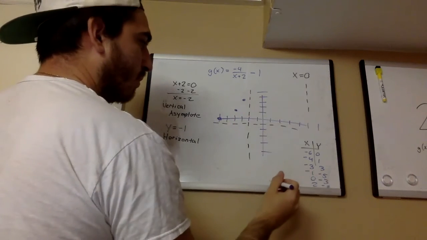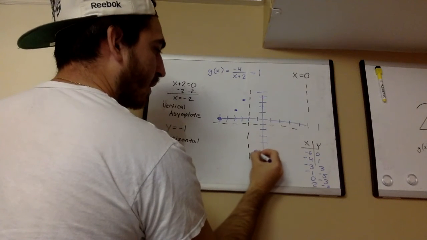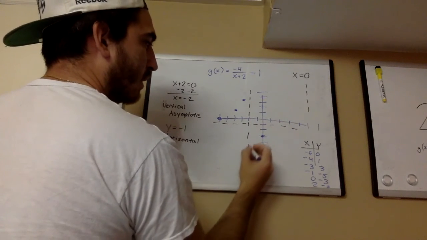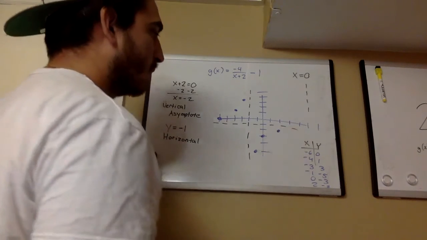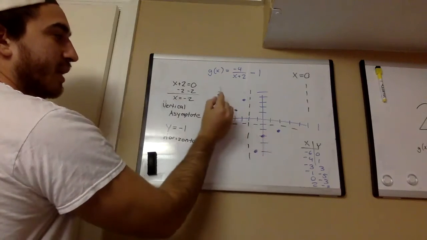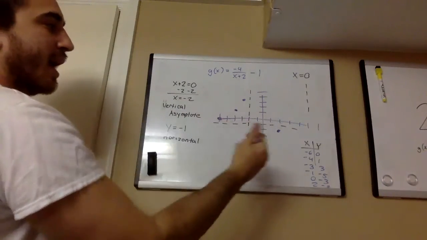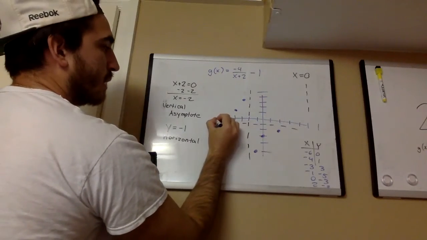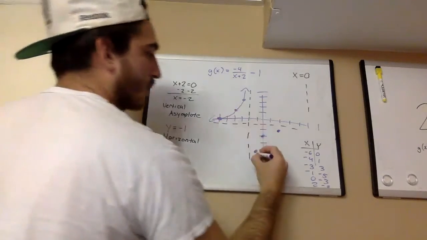After that, I have (-1, -5), (0, -3), and then (2, -2). Notice how I said before, my graph is going to be in this quadrant and this quadrant. They're going to be opposite each other, but you cannot touch the asymptotes, which means these points should not be connecting with these points. So now if I connect them, my graph is going to look something like this.